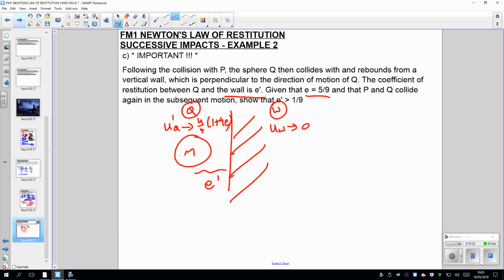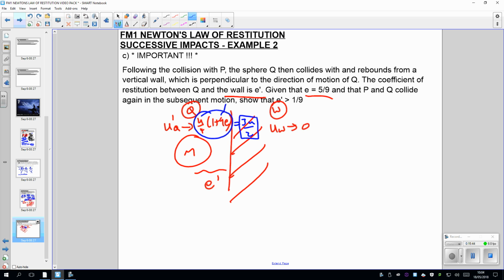It says given E is 5/9, that means I know what UQ dash is now. So UQ dash, if I whack in 5/9 for E, that's going to be 1 plus 5/4, so that's 3U/2. I hope you followed that.